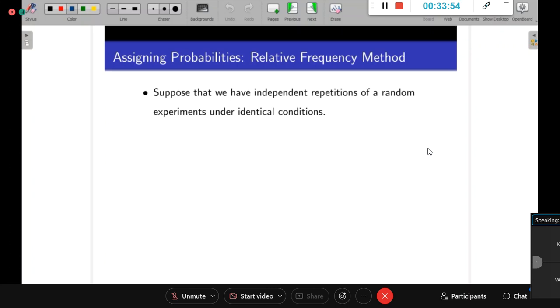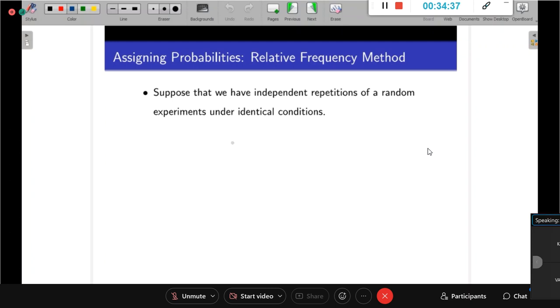For an example, again, you flip a coin and note down what the outcome is. Let's flip a coin n number of times, and you find out how many times head occurs.